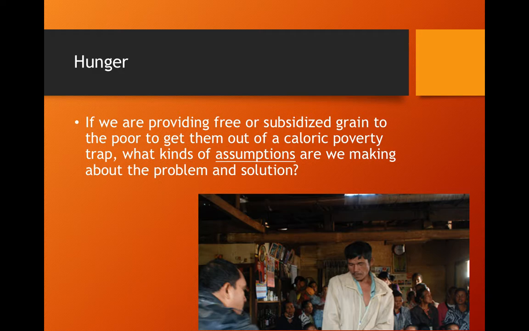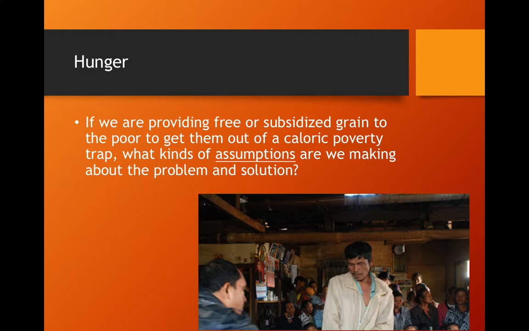And so he believes that because he's not eating very much, he's tired all the time. And because he's so tired, he has even more trouble working and getting back on his feet. And so he's even more hungry. And so the cycle continues. So when he's describing his situation to Banerjee and Duflo, he's describing this calorie poverty trap.